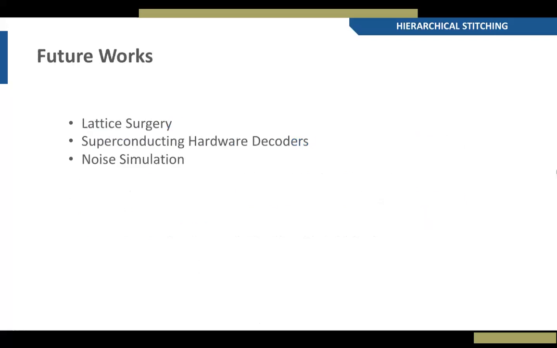Okay, so as promised very early on, we have a number of future work directions immediately extended from this line of work. For example, another way of achieving long-distance interaction or even manipulating qubits on surface code, other than braiding, is called lattice surgery.